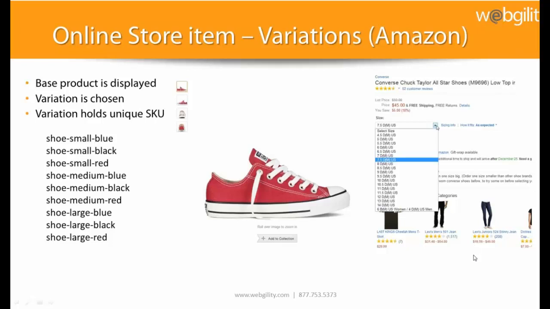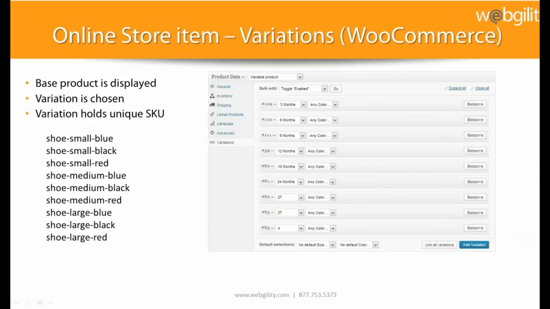So the next thing I want to show you are variations within a WooCommerce store, because I wanted to show you how the combinations of a particular variation are built. Just like in Amazon, WooCommerce handles variations in the same way. It's a combination.